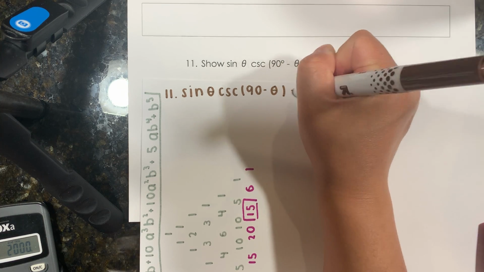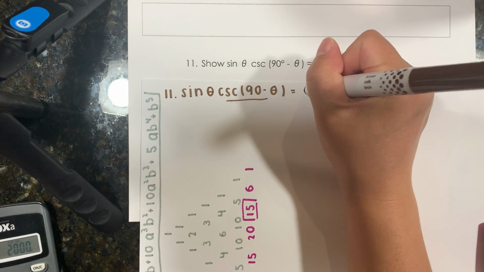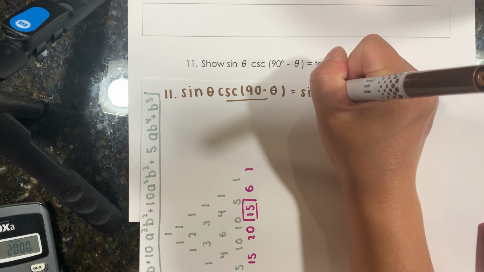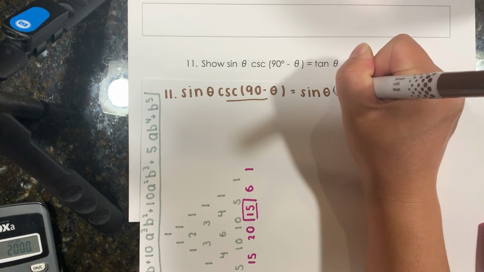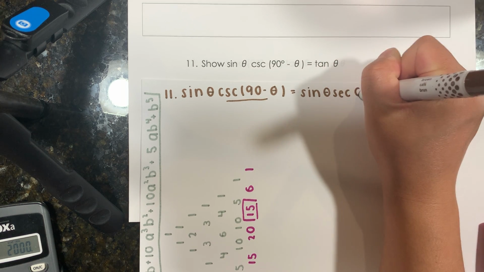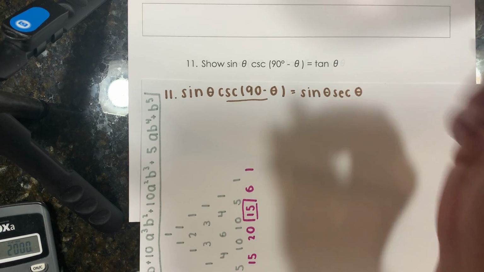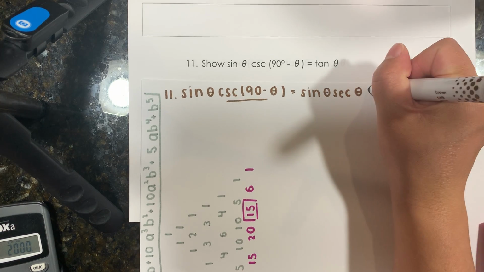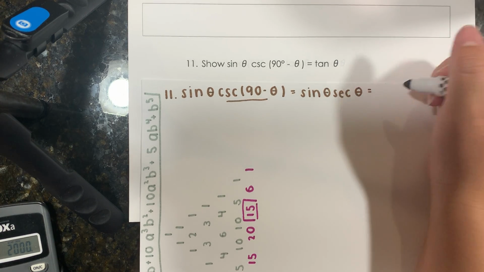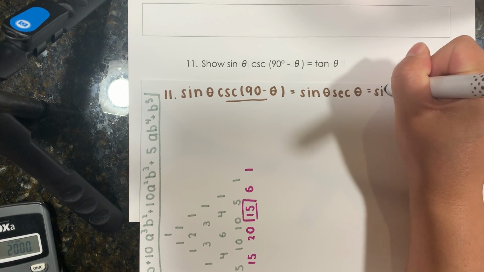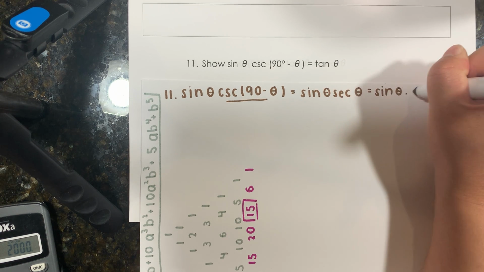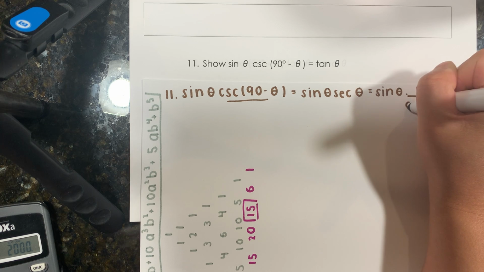So the first thing that I recognize is this cosecant of 90 minus theta. That's going to be equivalent to secant of theta. Now secant of theta is equivalent to the inverse of cosine. So that would be sine theta times 1 over cosine of theta.